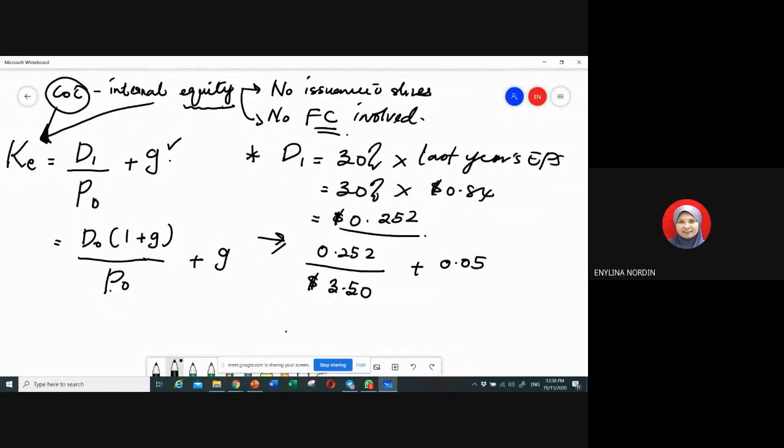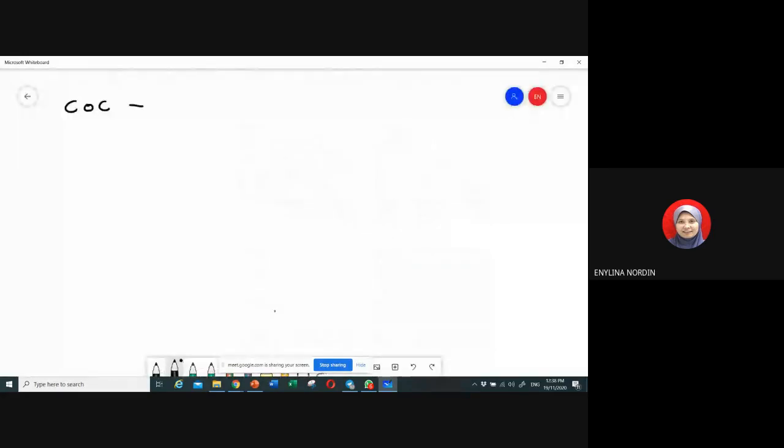So therefore, you will get the cost of capital for the internal equity, 12.20% or 0.122. Understand? Okay, we go to the next part, which is the cost of capital as required in the question for the new common stock. Cost of capital for new common shares or stock.